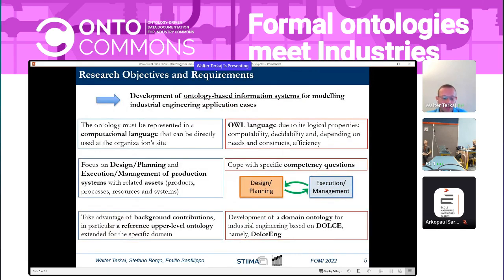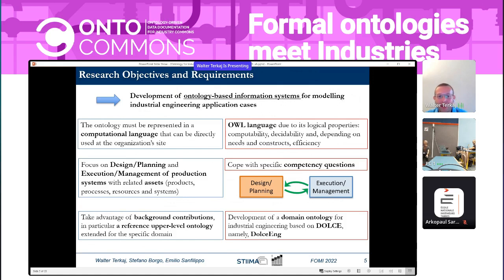Going to the research objectives: what we wanted to do with this work, the end goal, is to have an ontology-based information system for modeling industrial engineering application cases. Here are three of the main cornerstones of our work.